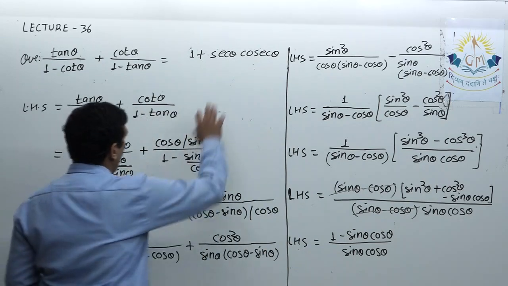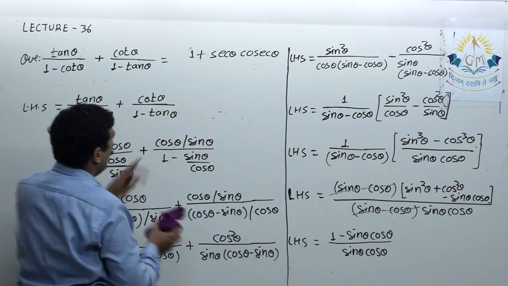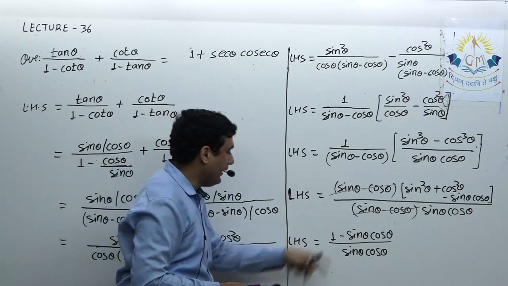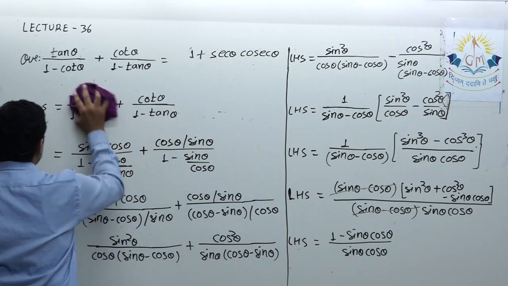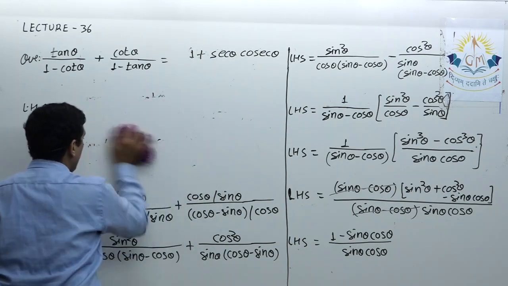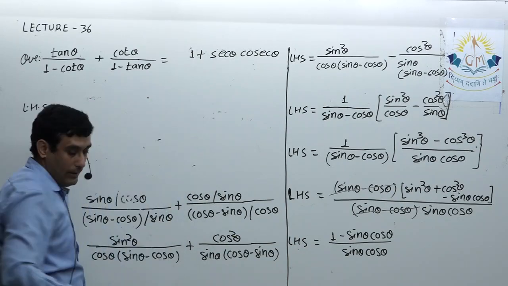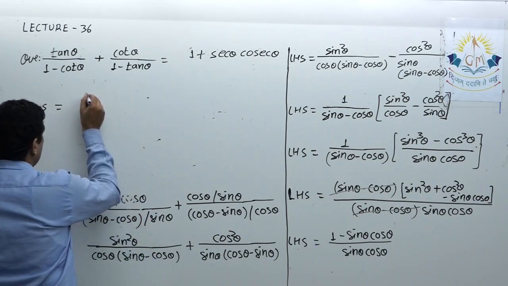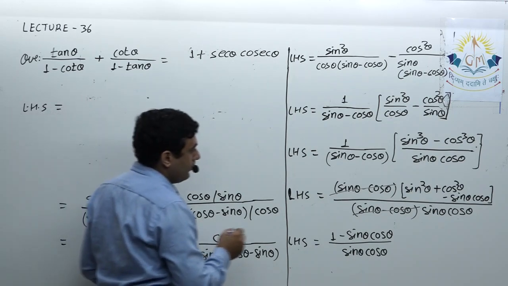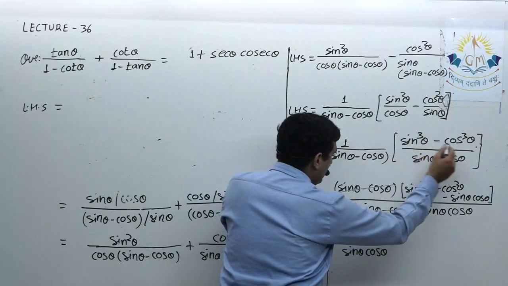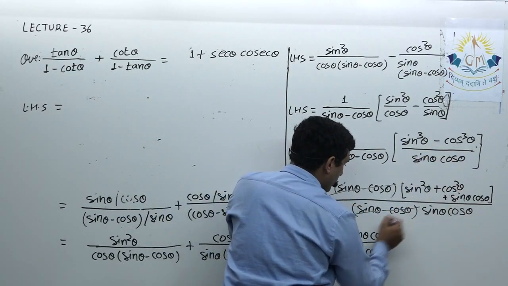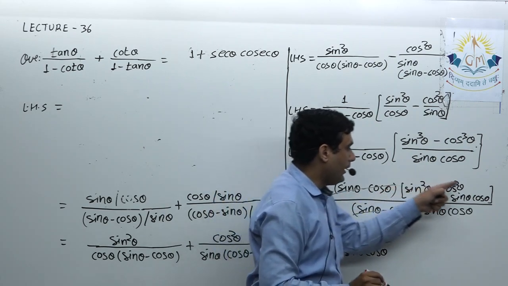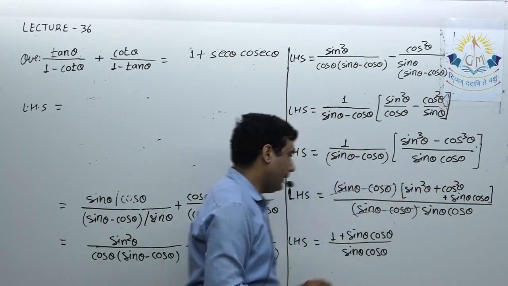Now if you observe the right hand side, here we have it in the form of sec, cosec and 1. So if I divide individually, I can write 1 upon sin theta cos theta. One thing more, here it is the identity of a cube minus b cube, so this should be plus. It is a minus b, then a square plus b square plus ab, not minus ab.